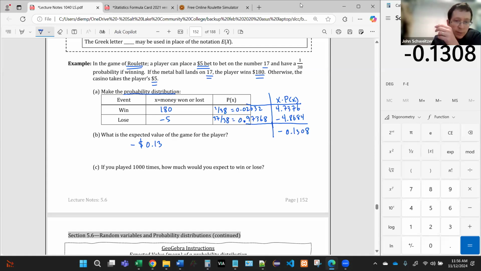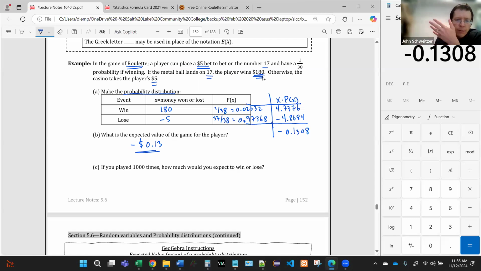Okay, so the expected value is negative 13. Now, how do you lose 13 cents at roulette? Well, you can't, right? Either you win 180 or you lose 5. So how do you lose 13? Well, this is the long run, law of large numbers kind of interpretation here. We're not talking about any one game. We're talking about the average for many, many games.